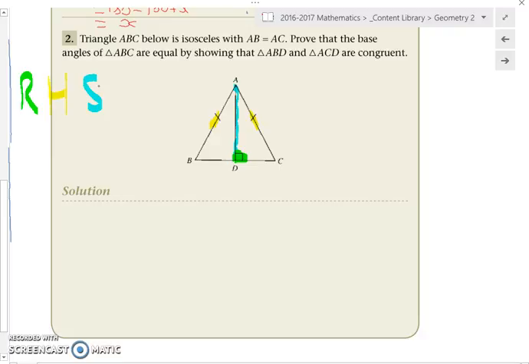Okay, so let's go. Our aim is to prove that angle ABC is equal to ACB, so the base angles. How much do you guys know about Euclid? He wrote a really cool book called The Elements.